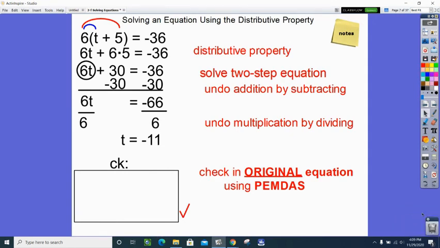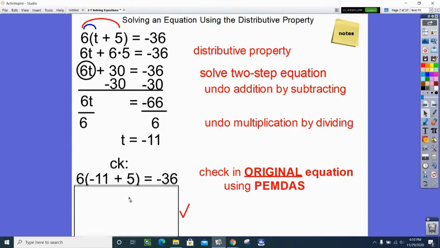Now, if you have fallen asleep, I need you to wake up, because we need to talk about the check here. Same idea, the -11 is going to take the spot of the t, but I need you to listen right now. We do not do distributive property in a check. So we're not going to have rainbow. If you make a mistake doing the distributive property, guess what? You're going to make the same mistake in the check. We don't use distributive property in the check, so we can make sure you did it correctly.